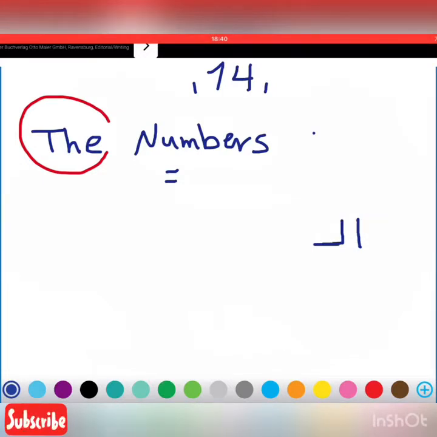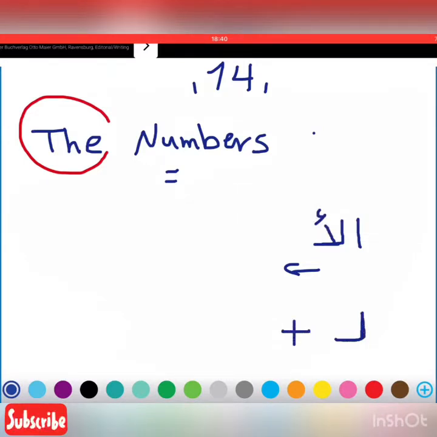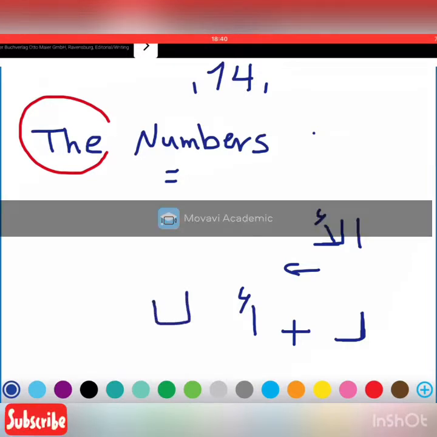Arqam is numbers. So L can be connected from this side. Look, something also new. If lam comes plus alif, la, it also means no. La. So we don't write it like this. No, this is wrong. We write it just like this.